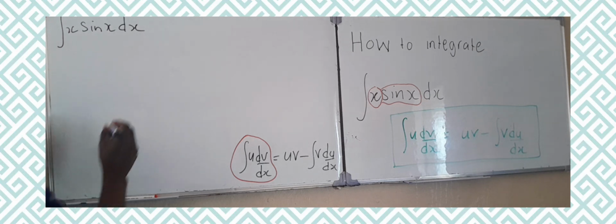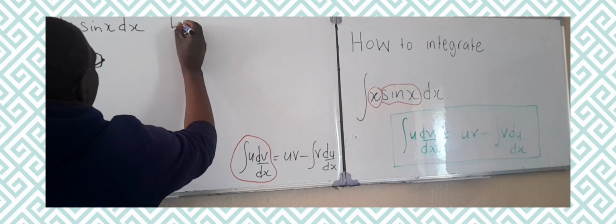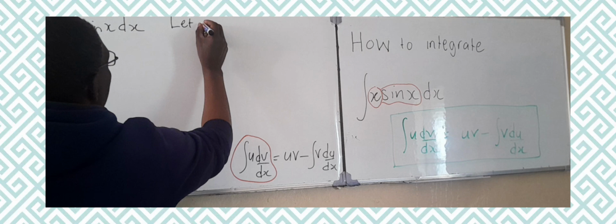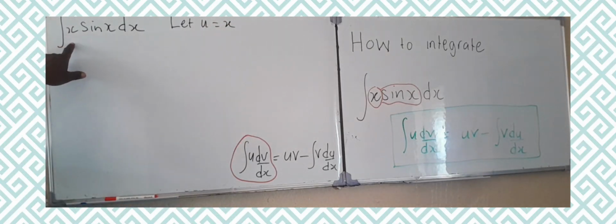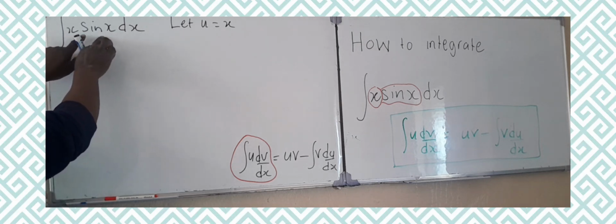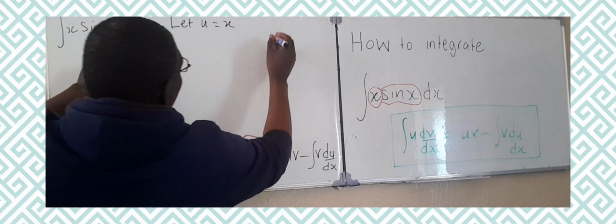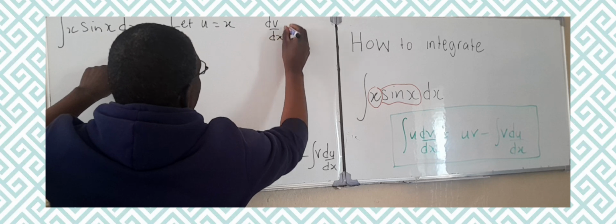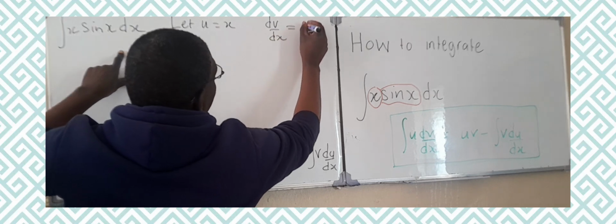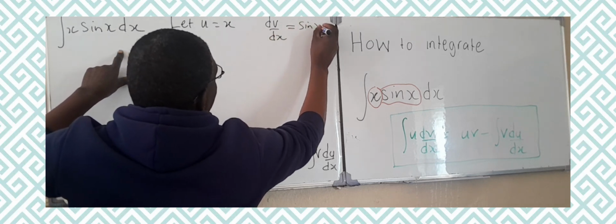First of all, let u equal x. Once we have made u equal to x, it now means dv/dx will be sine of x. So dv/dx is equal to sine of x.